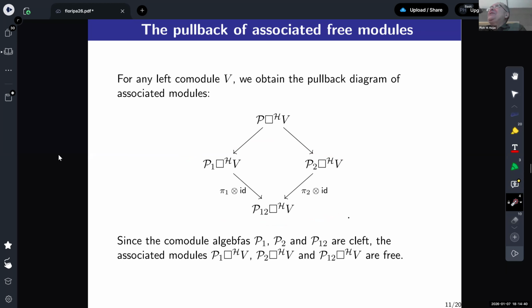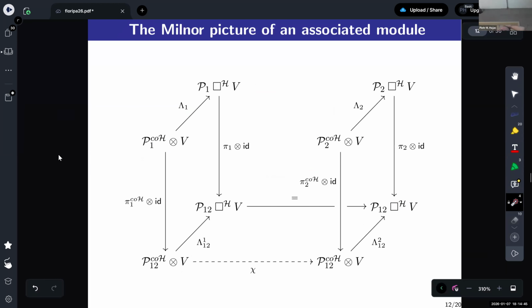These three modules are free. Okay. And here's a beautiful picture which I designed with Tomek and Francesco, beautifully typed up in LaTeX, which really shows how we have a Milnor picture of this associated module.